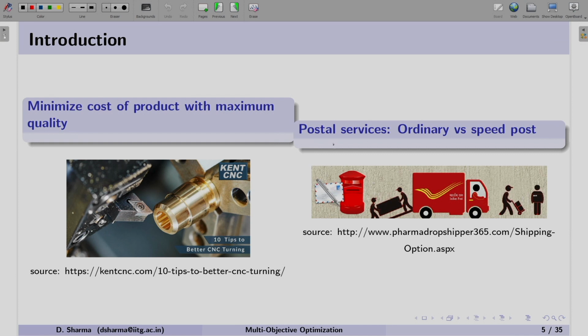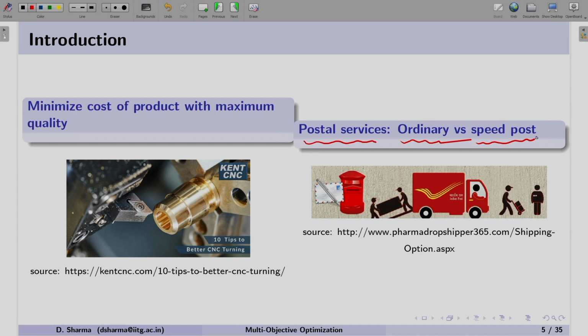Let us look at another example, which is on postal services. Let us compare ordinary versus speed post. Now, for an ordinary post, when we have to send our letter from our source to the destination, we generally pay a very nominal amount and our letter goes there.